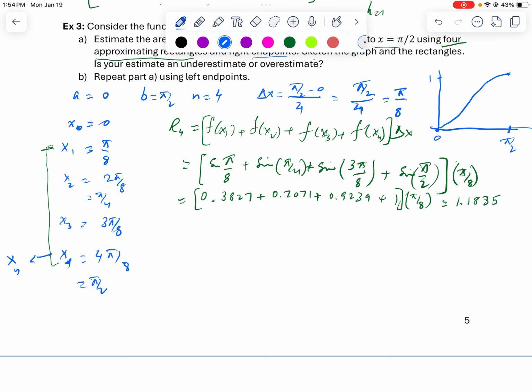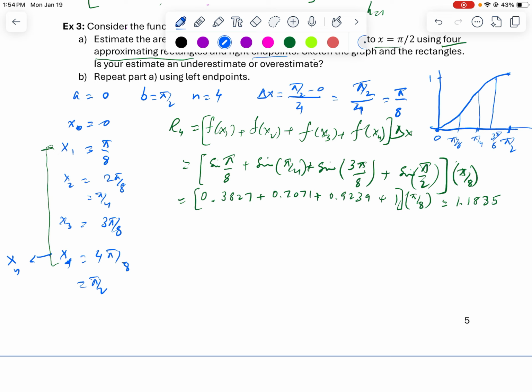So in this case, we have to split at pi over 4. It will be in the middle. So this line, and then this will be 3 pi over 8, and this will be pi over 8.